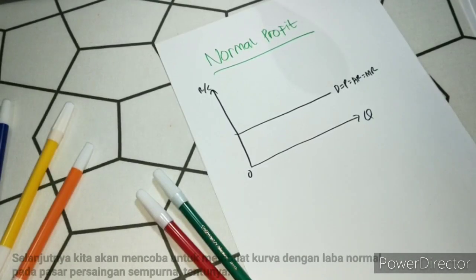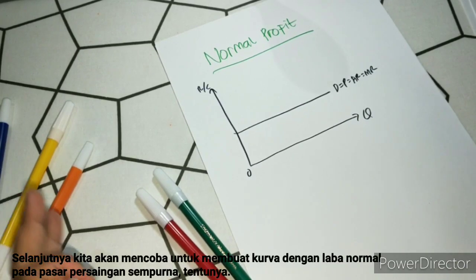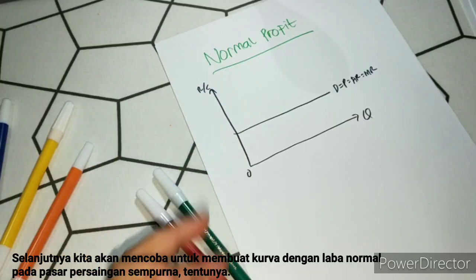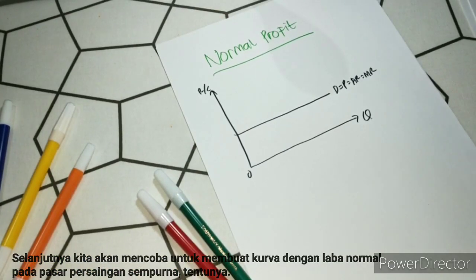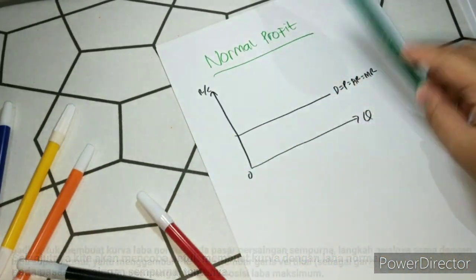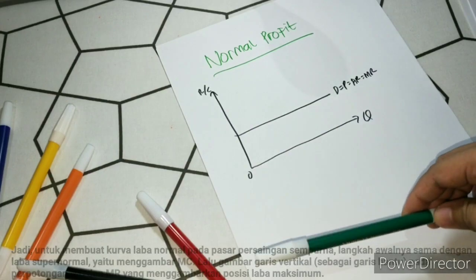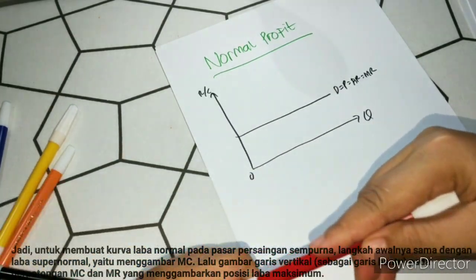Okay, next we are going to make a curve which has a normal profit in a perfect competition market, of course. To make the normal profit, the first step is the same as for the supernormal profit.